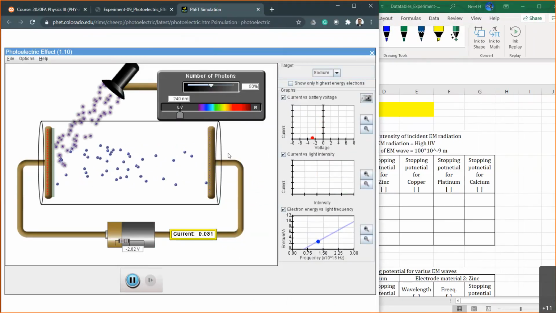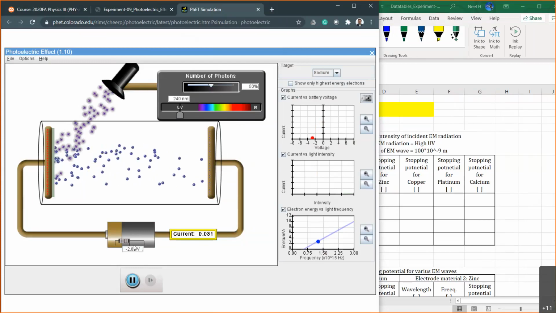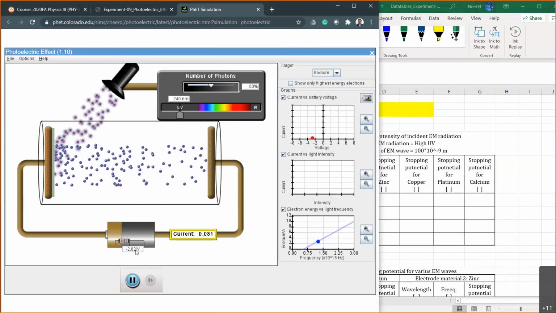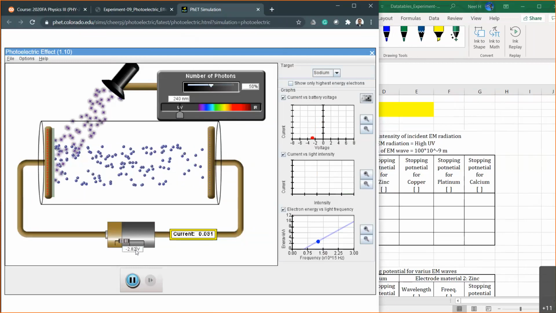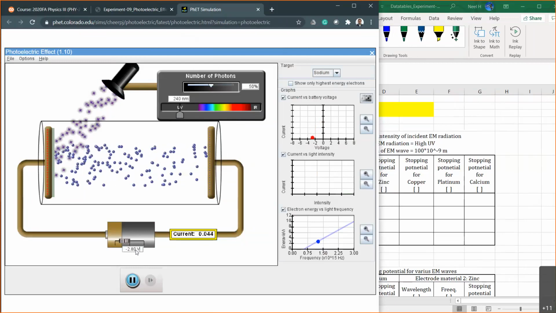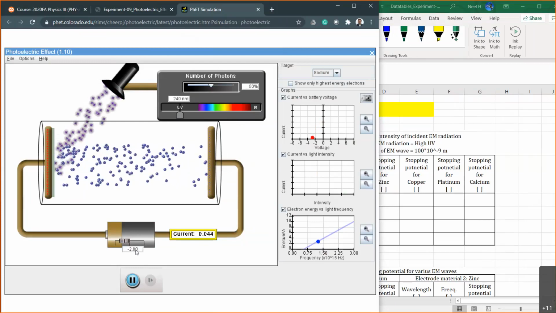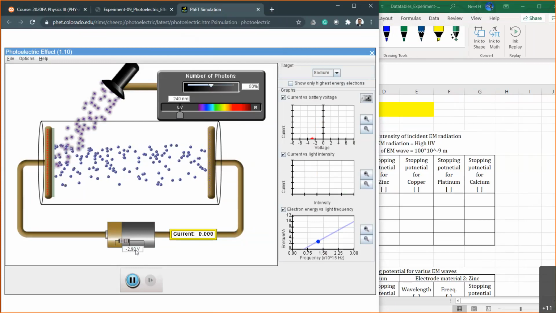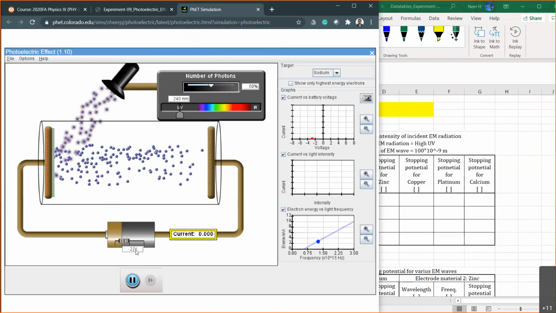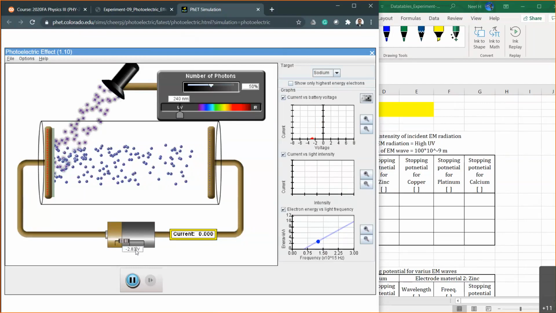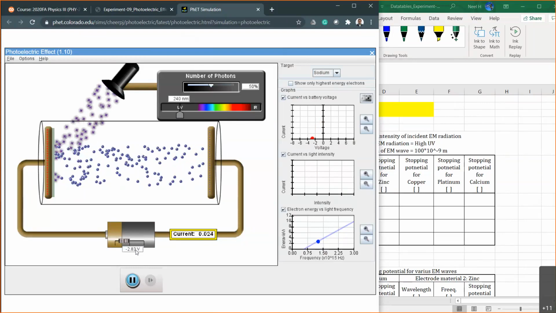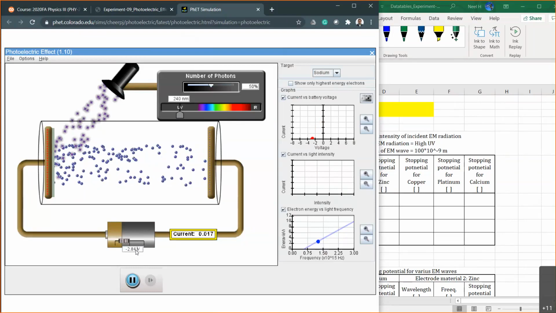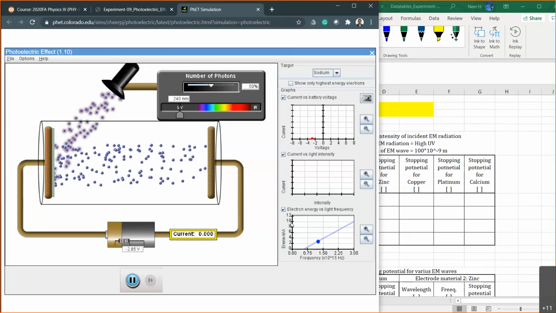50% intensity, 2.82 until you have a small current. Let's try 2.80, more current. Try 2.9, it's 0. So let's try 2.83. Small number. 2.84, small number. 2.85 is 0.